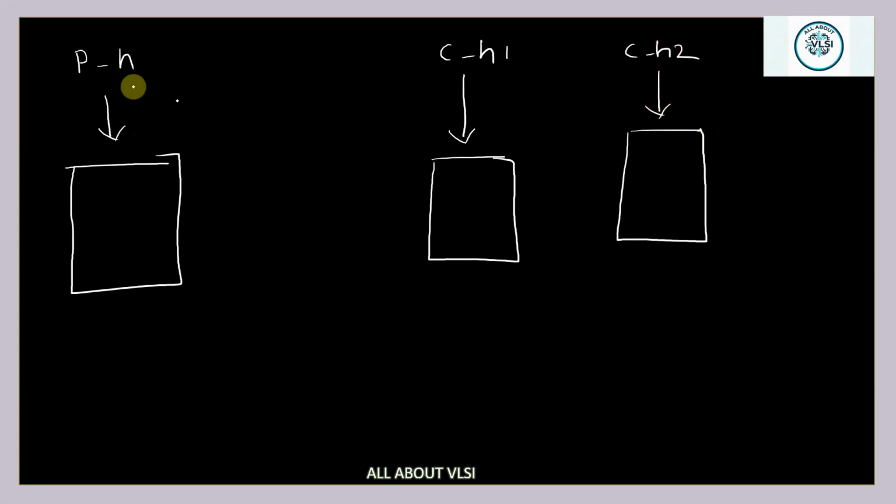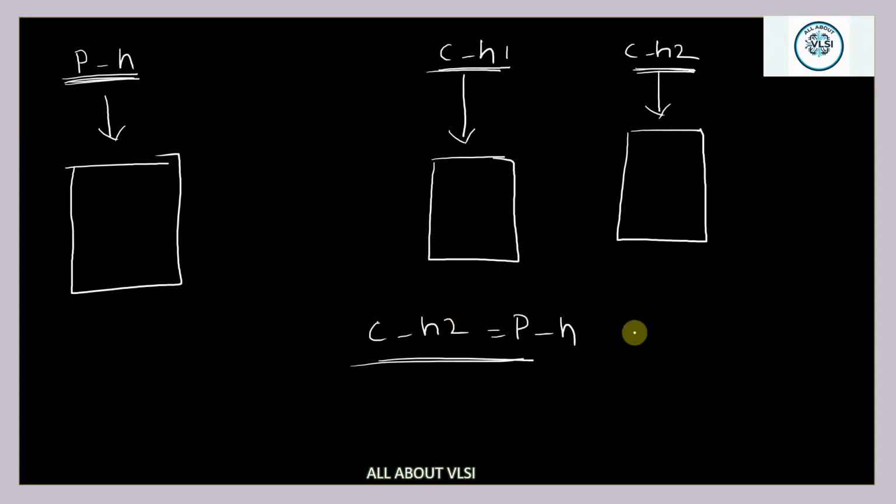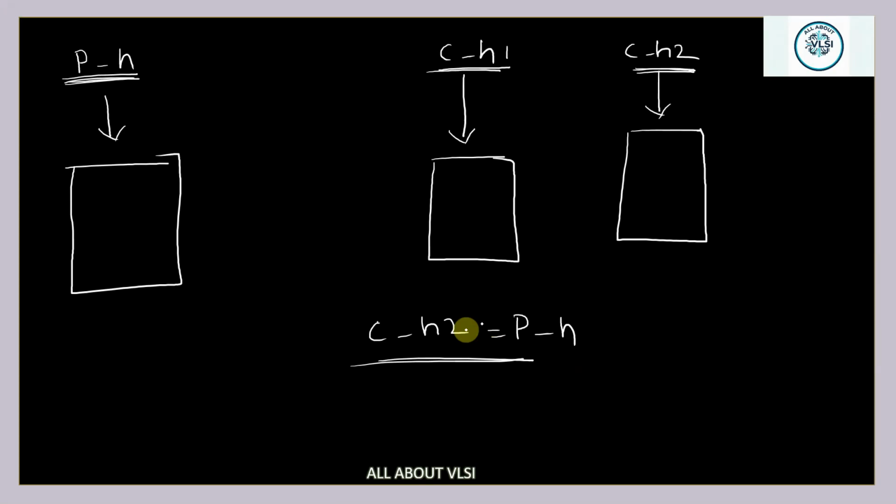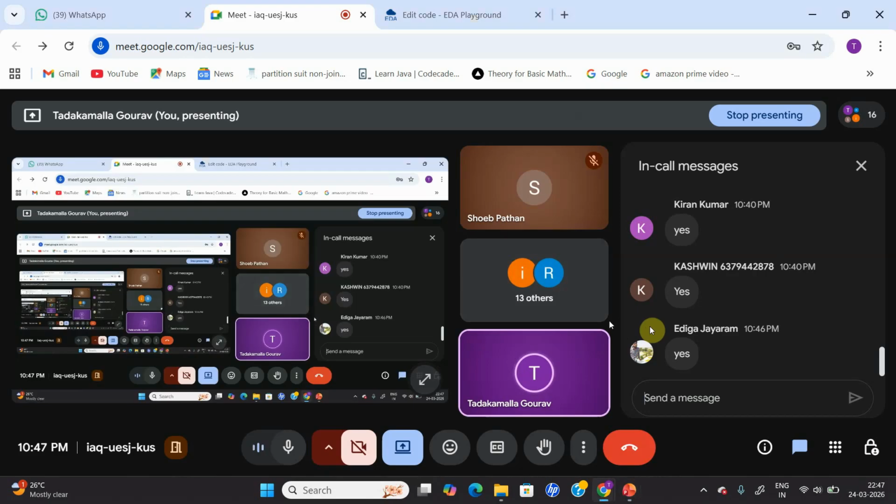Now, if we are trying to cast p_h and c_h, let's say I write c_h2 = p_h. Is it allowed or not? Can anyone tell me? This is obviously not allowed, right? Because a child cannot point to a parent, so it's obviously not allowed.